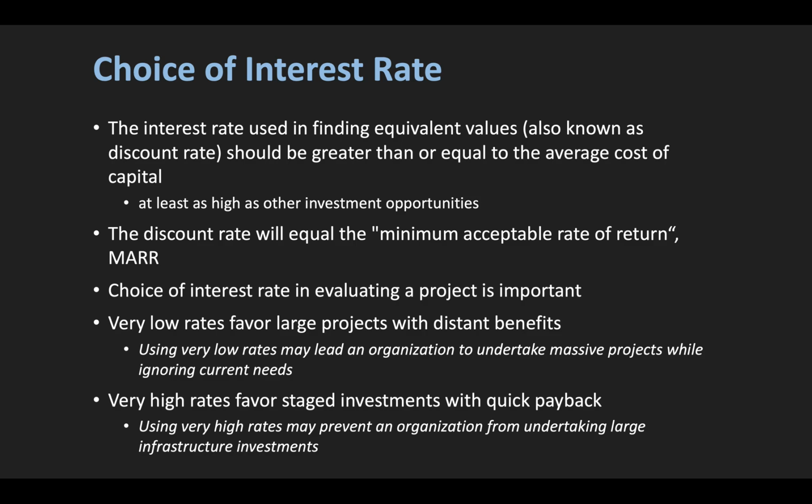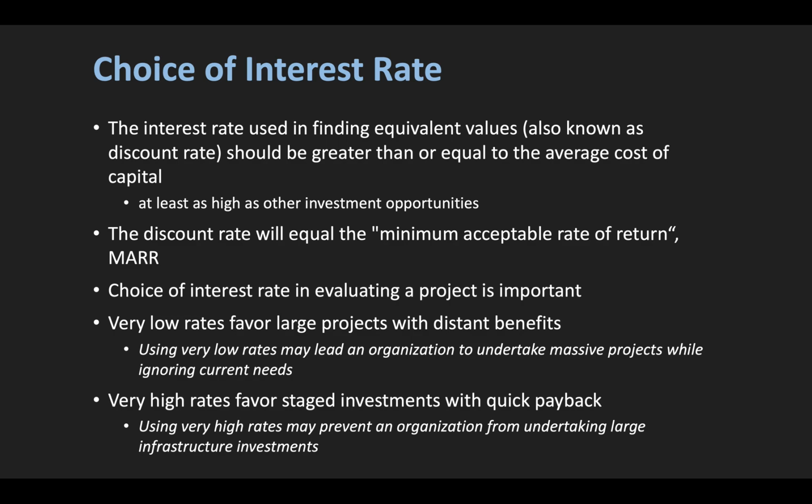Once you have the MARR, now you are searching for a project whose interest rate, using equivalent values, should be greater than or equal to the average cost of capital. So whatever project you decide to choose needs to be at least as high as other investment opportunities.